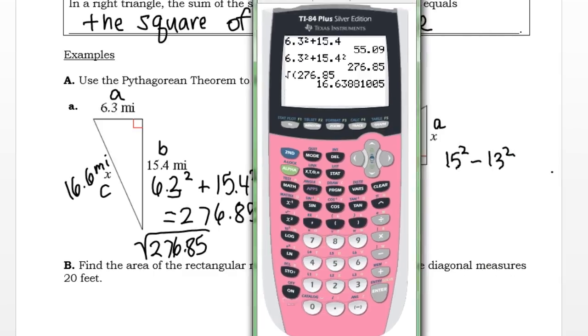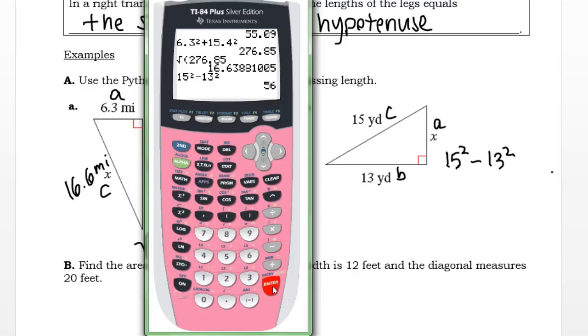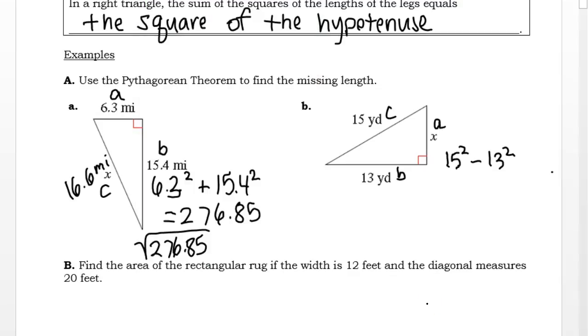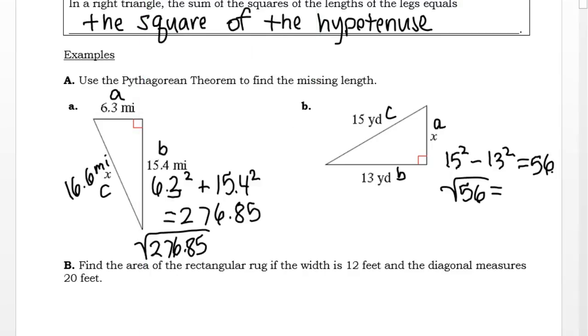So I'm going to do 15 squared minus 13 squared, and that gives me 56. And then the square root of 56 will give me my final answer. And that is 7.48. Maybe I'll just round it to 7.5.